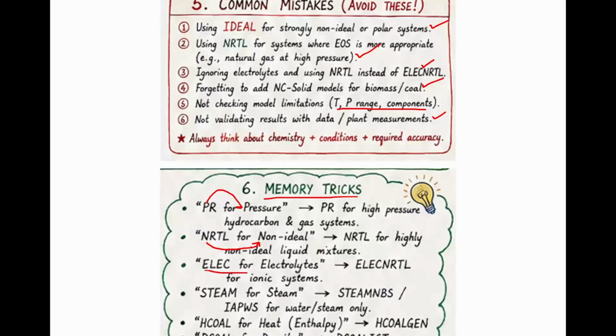ELEC for electrolytes, electrolyte NRTL for ionic systems. S for steam systems, which includes steam NBS, IAPWS. H for heat, so HCOALGEN, and D for density, DCOALIGT. So I hope with these initial words you will be able to understand the dominating factors like pressure, non-ideality, electrolytes, steam, heat or density data involved in the system.